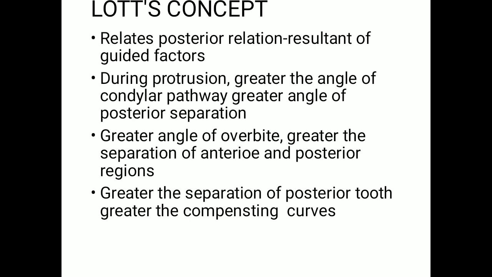Then the next concept is Lott's concept. It also relates to posterior relationship. During protrusion, the greater the angle of the condyle, the greater the angle of posterior separation. If the angle of overbite is greater, then the separation of anterior and posterior regions will be greater. 3 factors are involved: angle of condylar pathway, angle of overbite, and separation of posterior teeth.